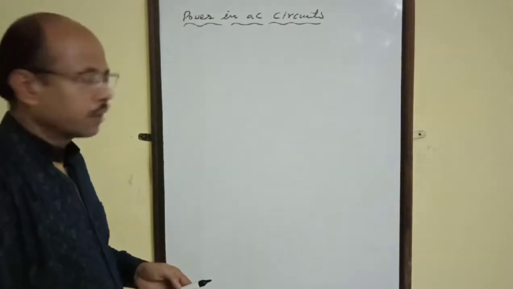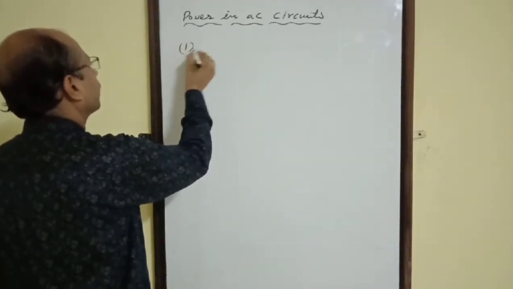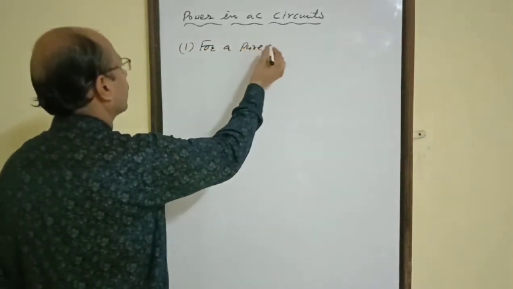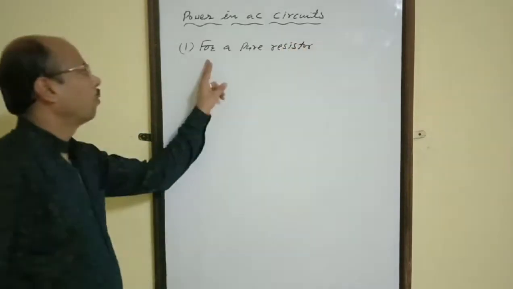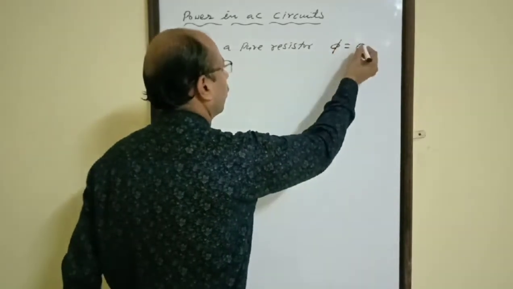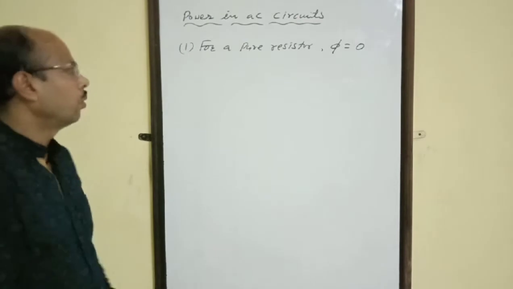Now we are considering different cases. For a pure resistor, phi equals 0.